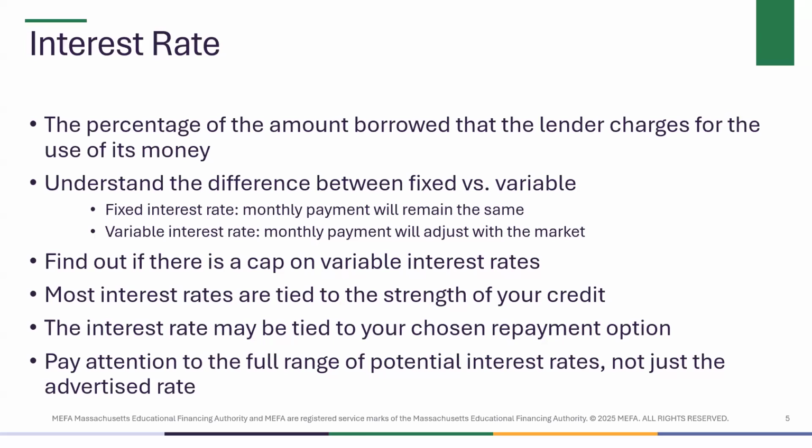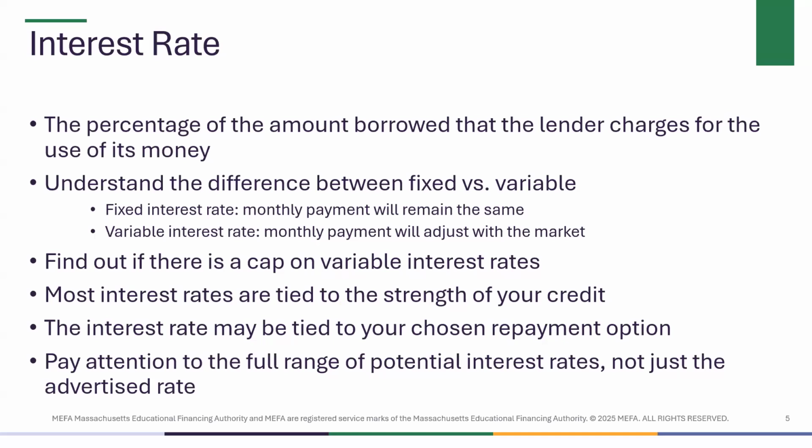Most interest rates for alternative or private loans outside the federal loan programs are going to be tied to the credit score of the borrowers on the application, so the strength of your credit. PLUS loans, which we will talk about, are determined based on credit as well. And the interest rate can also be tied to the repayment option you choose.